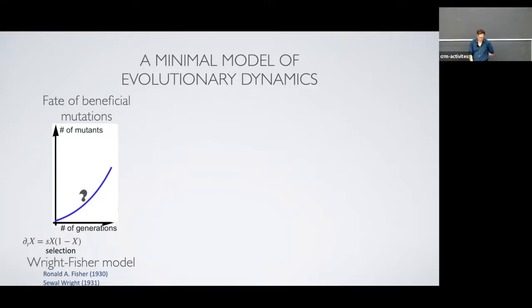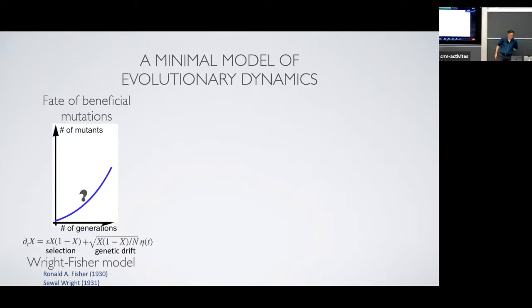So there must be some version of genetic drift, some kind of fluctuations, conventionally modeled by a diffusion term, which is the one that I'm displaying here. For small x, it has a prefactor such that the variance is additive in the number of mutants, as if they are independent from one another. But of course, there's also a 1 minus x term because you cannot go past x equal to 1.